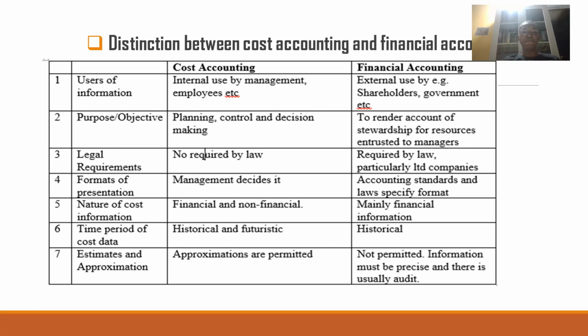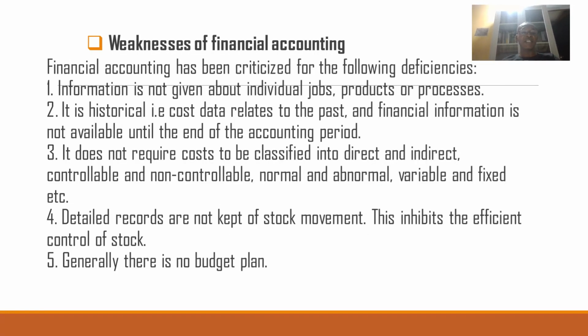And then another weakness of financial accounting is that it does not require costs to be classified into direct and indirect, controllable and uncontrollable, normal and abnormal. So it does not actually break down costs into those different elements.